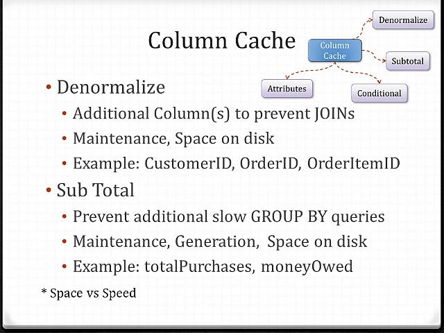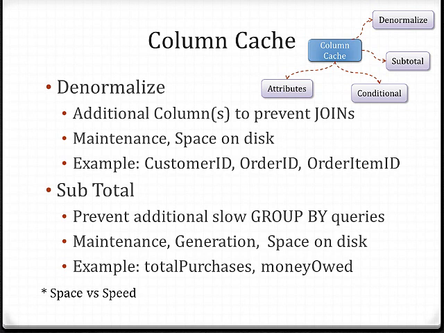Meaning, you can get this ID if you do a join, from another table, like an intermediate table. But if it's like 1-to-1, you can keep it in the same table. If you add a column that denormalizes, you prevent the join, you make it faster. Usually, as a rule of thumb, the fewer joins you have, the faster it is. Not in every case, but let's pretend in this case it will.